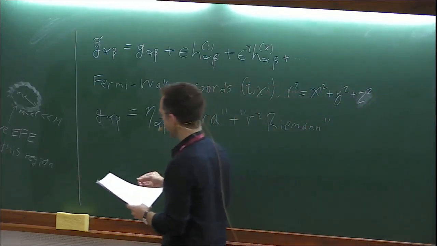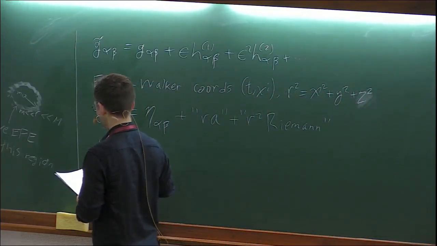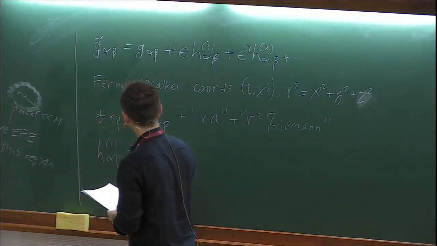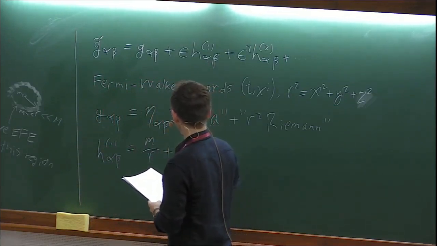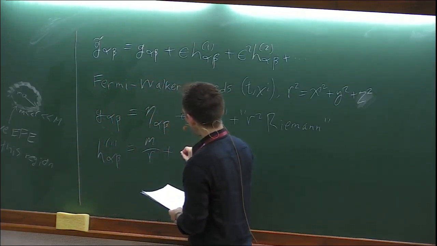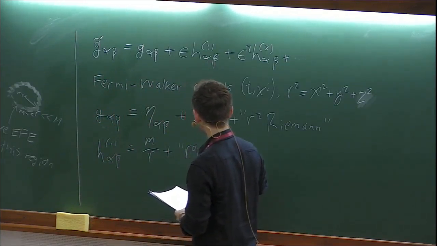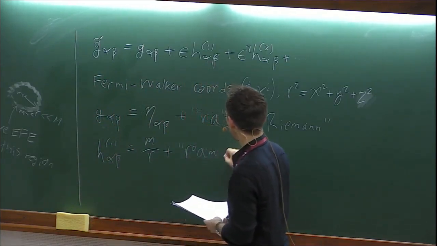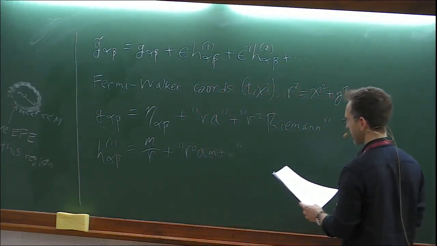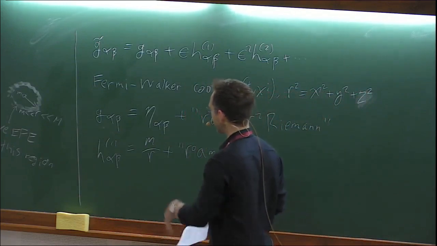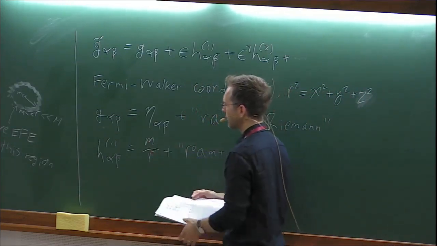Okay, then we had that H1 looked like m over r plus order r to the 0 terms, which will have the form r to the 0 times a times m, plus some other stuff that we'll explain as we go. The key thing is that at leading order it looks just like a Newtonian potential m over r.